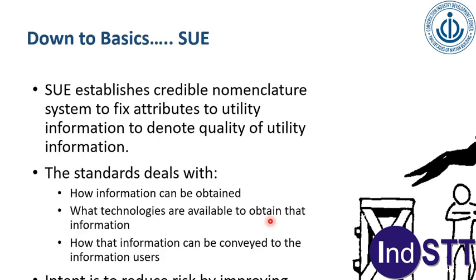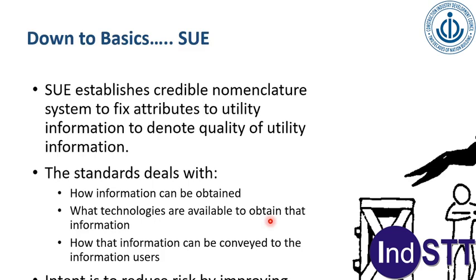There are standards, of course, which deal with how information can be obtained, what technologies are available, how information can be conveyed to information users, etc. The intent is to reduce risk by improving the reliability of information on existing subsurface utilities in a defined manner.